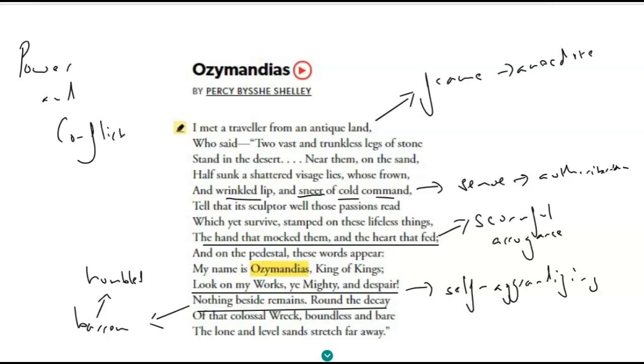The wreck is also capitalized as well, so it's really emphasizing the fact that even this great statue is now a wreck. Even the very statue itself that Ramses built, that must in its time have stood as this huge, powerful monument, is now nothing but a wreck. "Boundless and bare, the lone and level sands stretch far away."